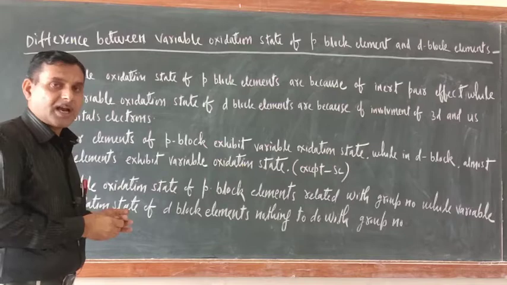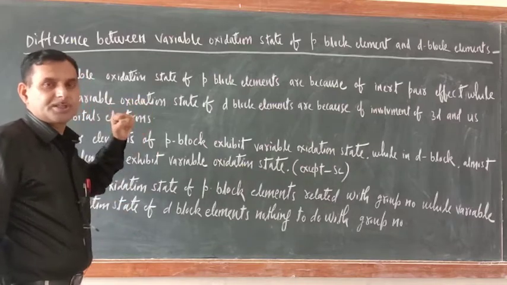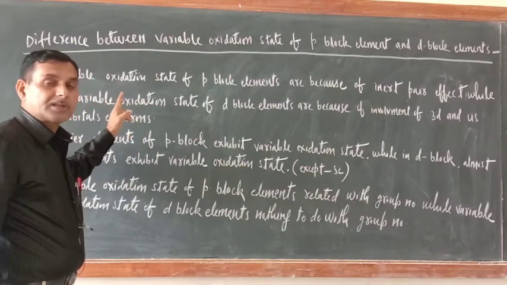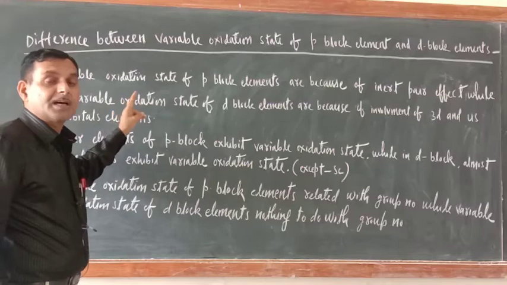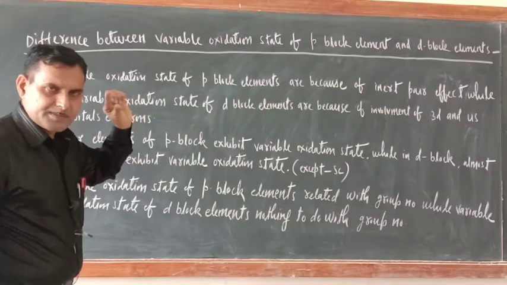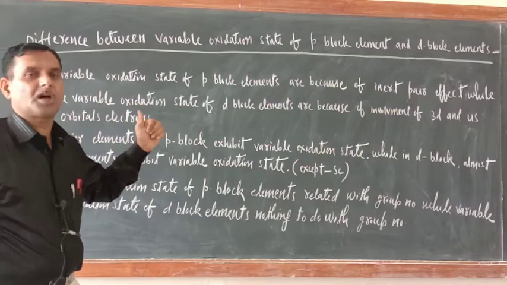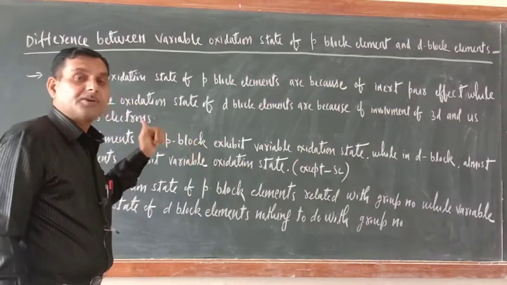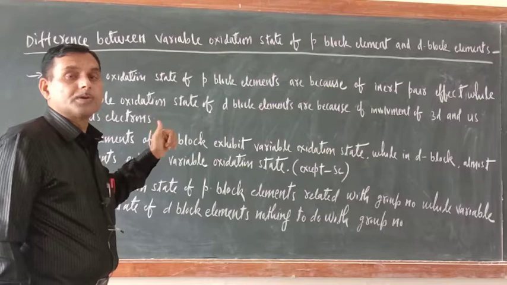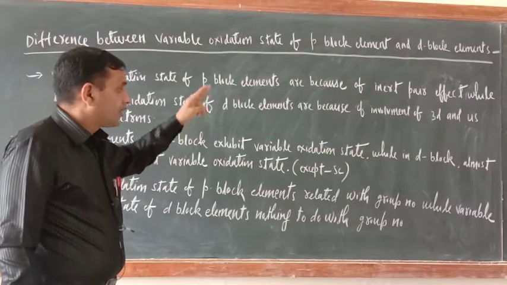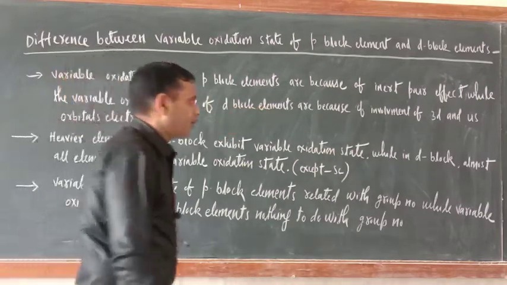They also exhibit variable oxidation state, but that is because of the inert pair effect. Means p block elements also exhibit variable oxidation state, but that too due to the inert pair effect.